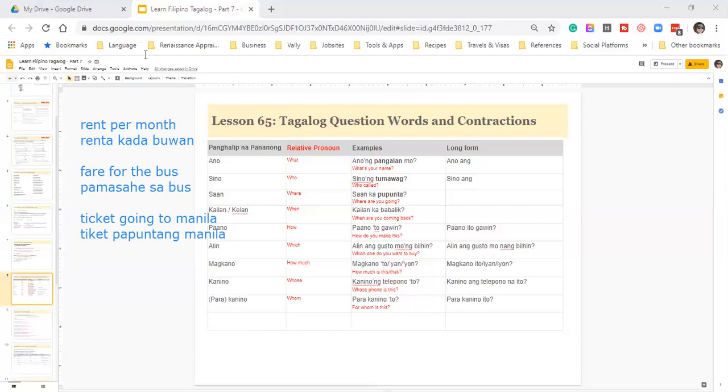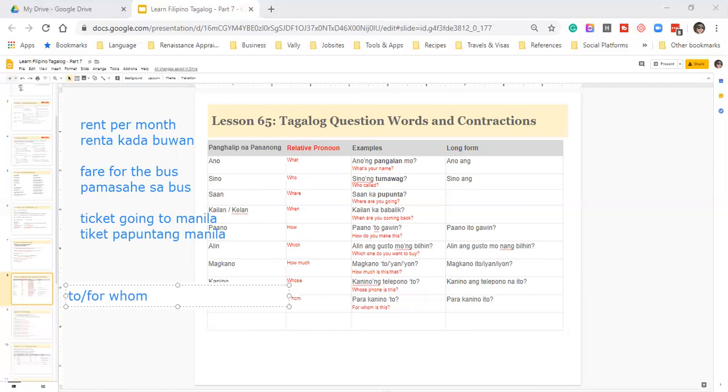Okay. Next. Now, for whom is this? Para kanino ito? Or to whom is this? It's the same word. When we use whom, we always use it with para. So whether it's to or for, whom is the same word, para. Sorry, I have to take that back, excluding from.